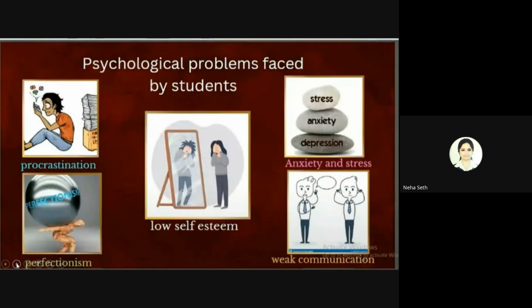So language is not the only thing which leads to weak communication. There are other factors also which affect the communication between a teacher and the learner.